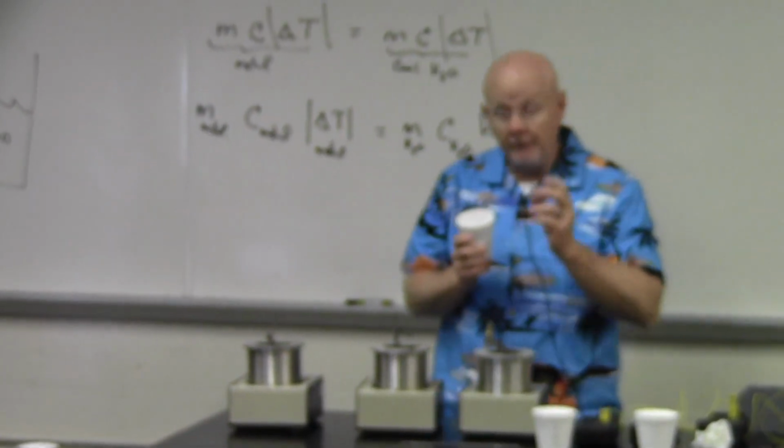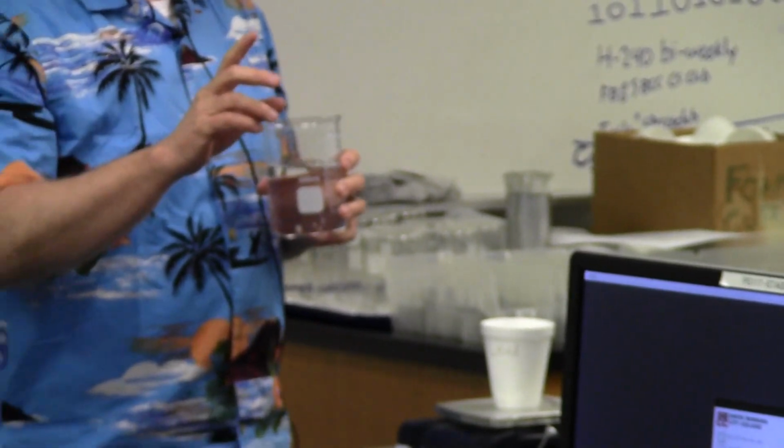Let's get the mass of the water for the brass one. So coming back over to the scale, let me point out that the cup itself is already 2.1 grams. So when I pour this in here, and I'm going to get myself about an inch of water.